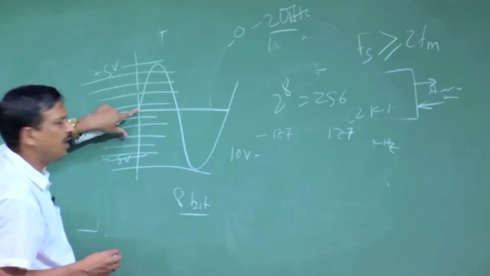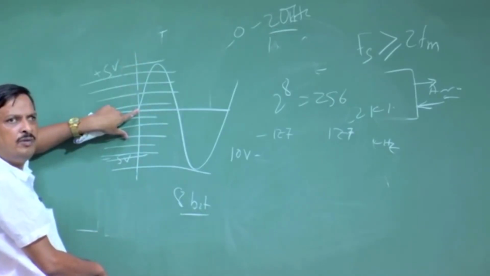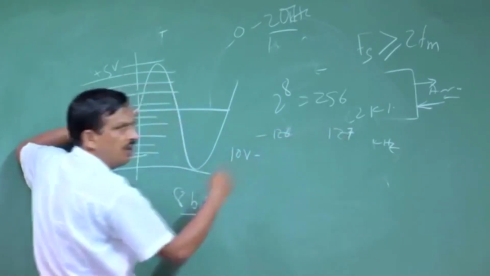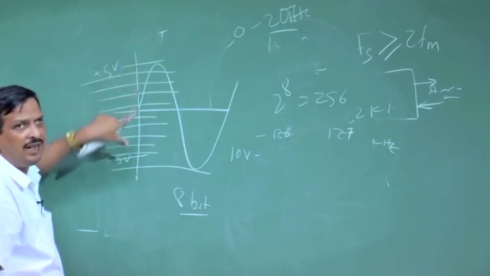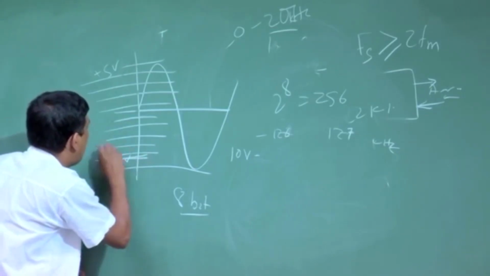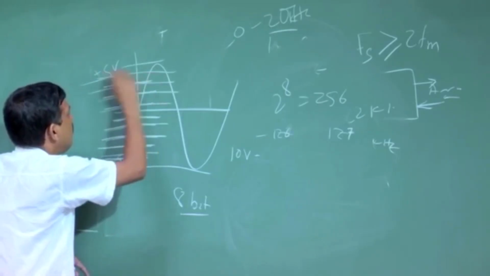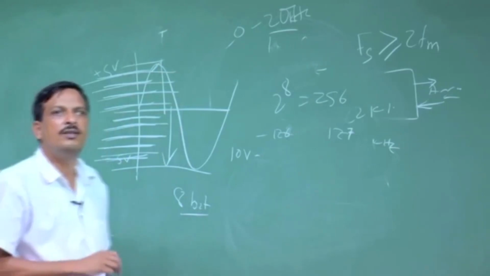So, making 0 the middle, positive and negative. Understand? Minus 127 or 126, you can take it. So, with an 8 bit number, I have divided this 10 volt into 256 levels. Okay. So, plus side and minus side is there.